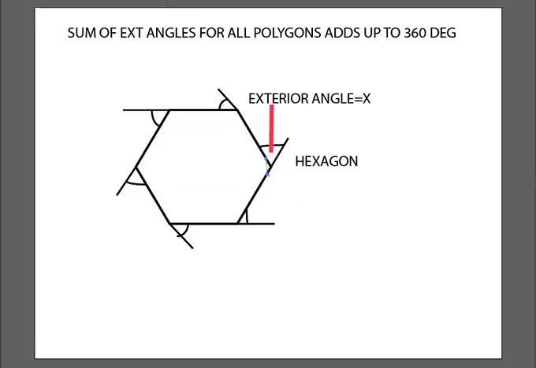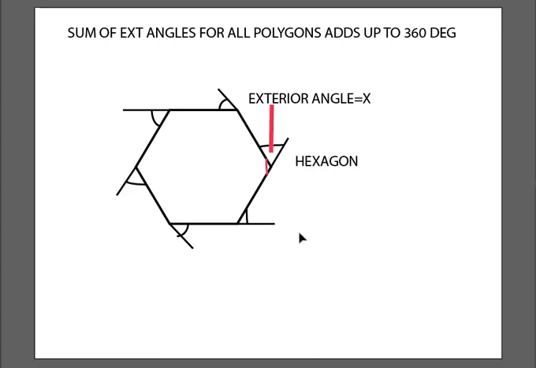Right, okay, looks messy, but I think it's fine. Okay, to find the interior angle, you simply say 180 degrees minus exterior angle.